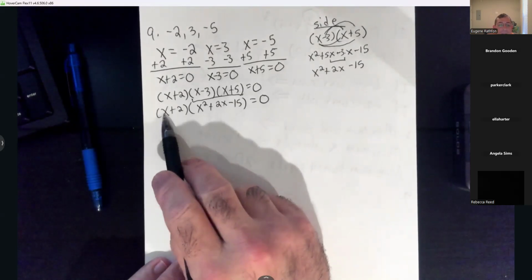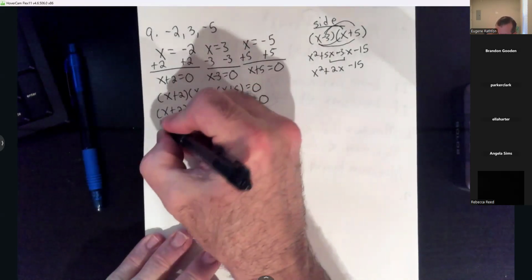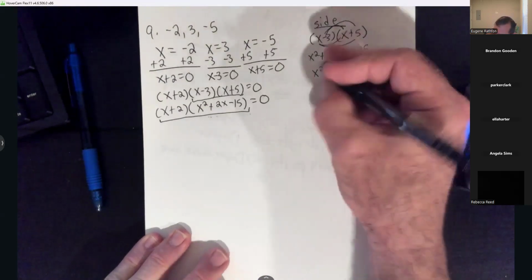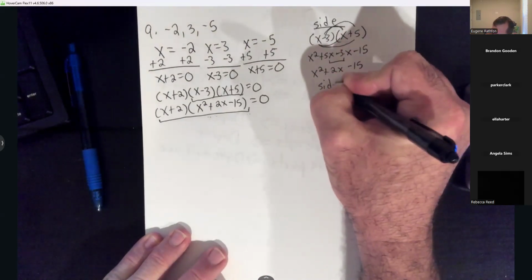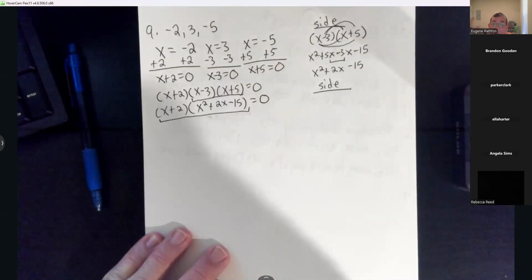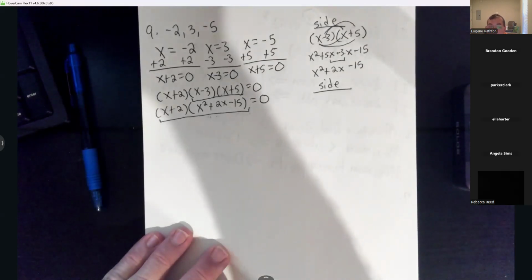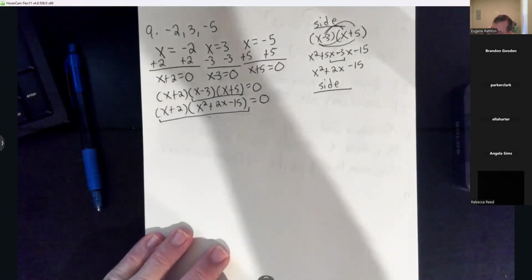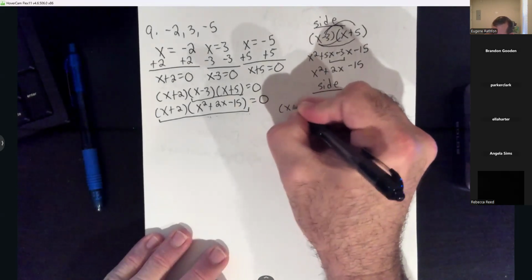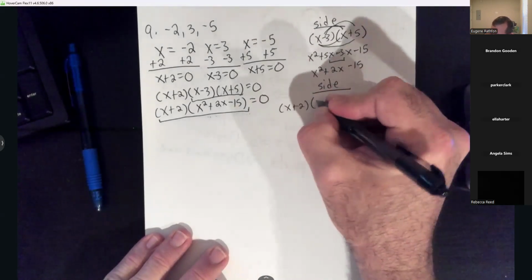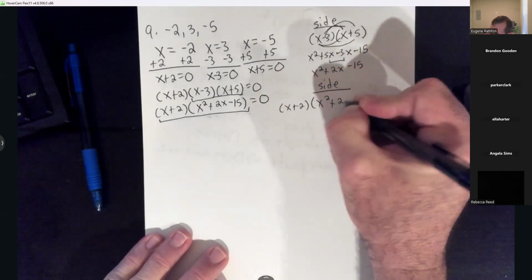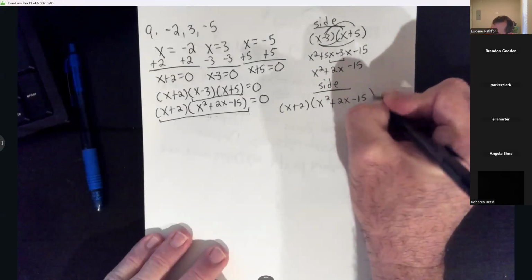All right, so now we got to multiply all this stuff. So I'll do that on the side, I guess. And remember, all I'm looking for is what number is going to end up in front of that x squared term, okay? So my x plus 2 times my x squared plus 2x minus 15.